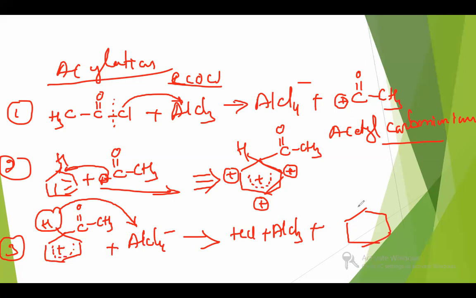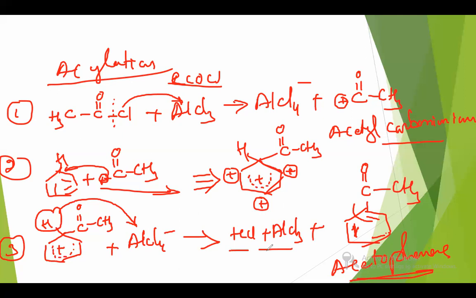This hydrogen shifts, forming one double bond here, one here, and one here, giving three double bonds with the substituent C double bond O CH3. C6H5COCH3, RC double bond O R dash, is acetophenone, formed along with HCl and aluminum chloride.